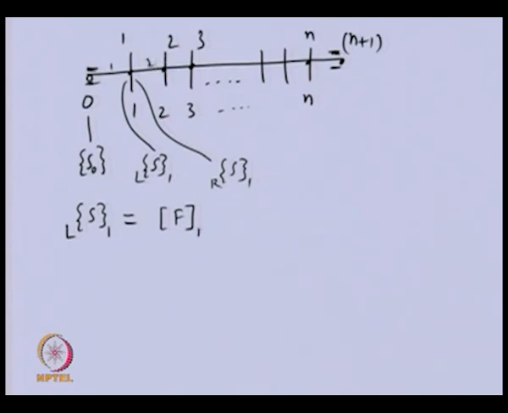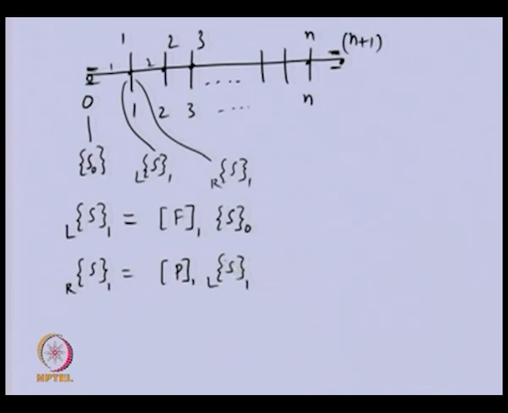So, if we multiply the field matrix with S naught, we can get the state vector left of disk 1, and the state vector right of disk 1 is related with the point matrix of disk 1 and the state vector left of disk 1. So, these two state vectors are related by the point matrix. If we want to get the state vector on the right side of the disk, we need to multiply with the state vector on the left side.